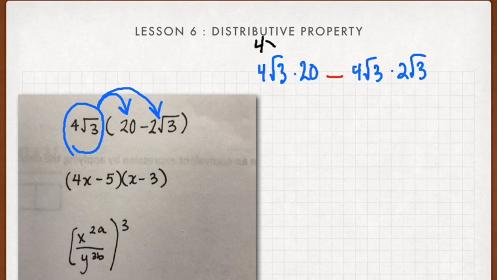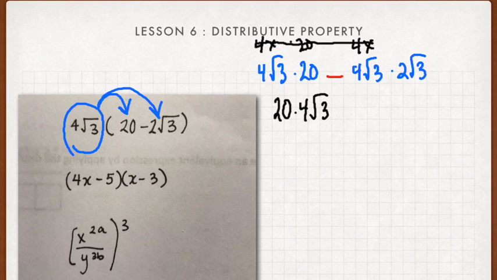So if this were 4x, what you would do is multiply the 20 times the coefficient, right? You can't really multiply it times the square root, even though it is a number, because it has not been taken out of the square root. We will multiply 20 times 4 to the square root of 3. Now 20 times 4, when you have 4 20s, that's going to be 80. And then we're going to keep the square root of 3.